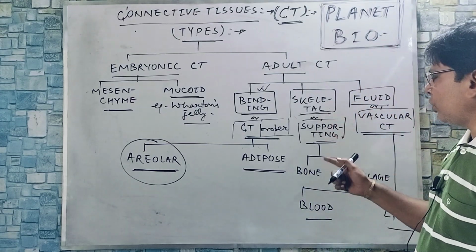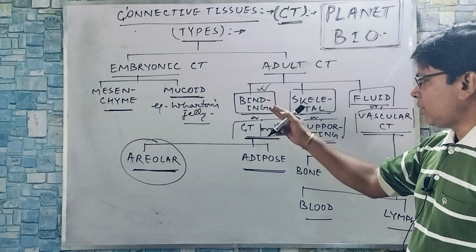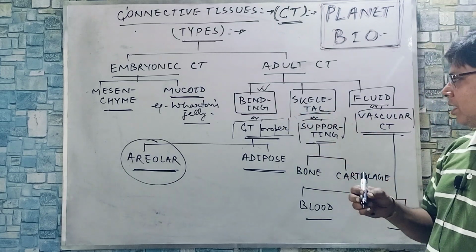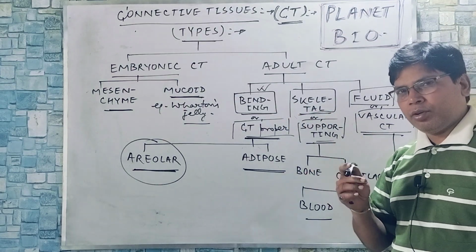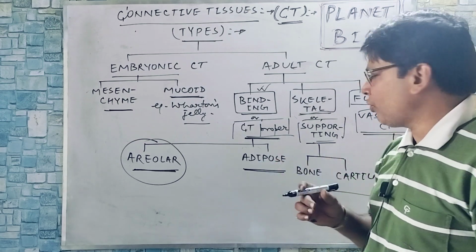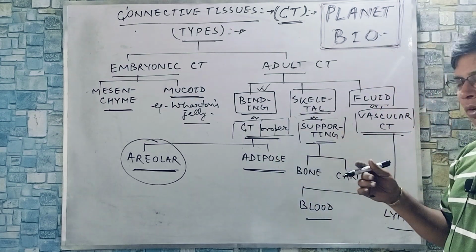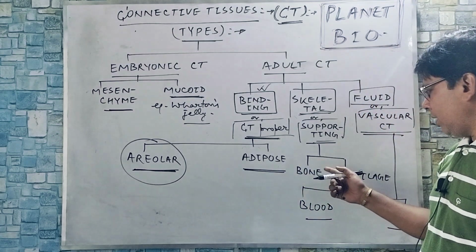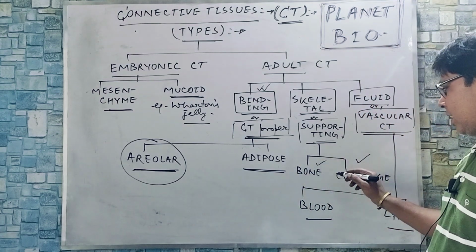Then skeletal or supporting. Despite binding, skeletal has another feature. It makes the endoskeleton or internal framework of the body. It supports our framework, and two types are there, bones and cartilages.